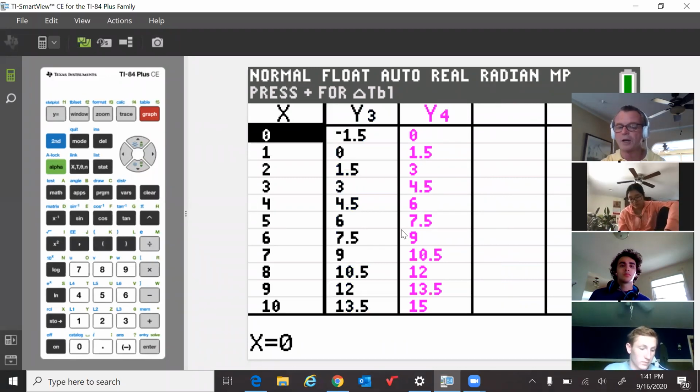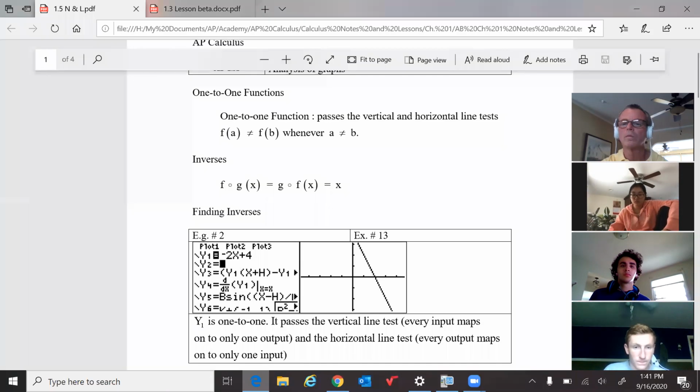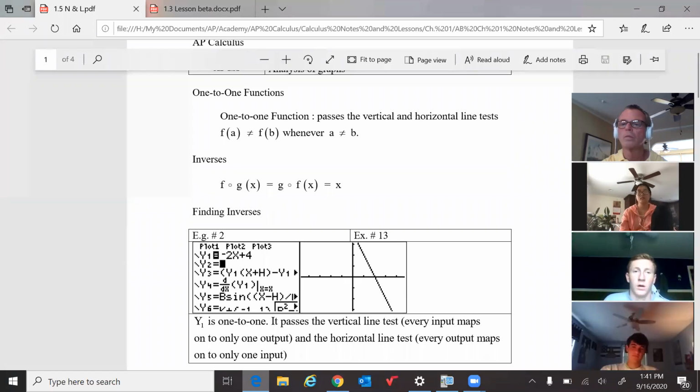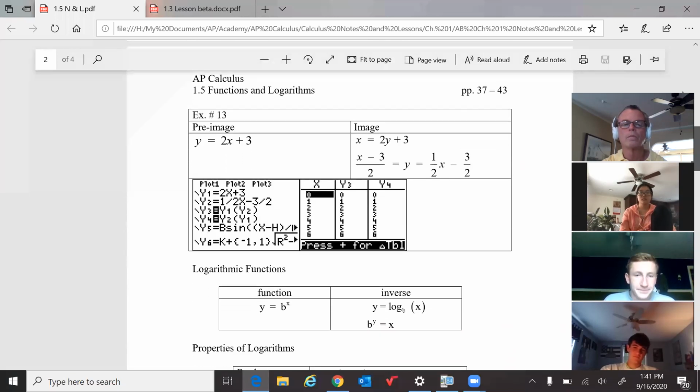So it's a way to verify your answer with the technology, okay? So on here, there's my y3 and y4. And then y2, I wrote out in y-intercept form, which you don't have to. The calculator doesn't know. Are we good?